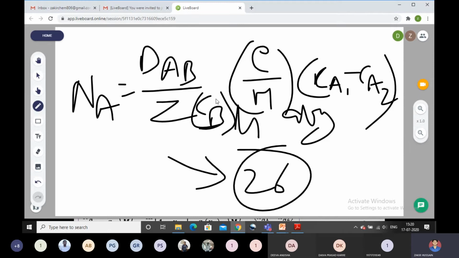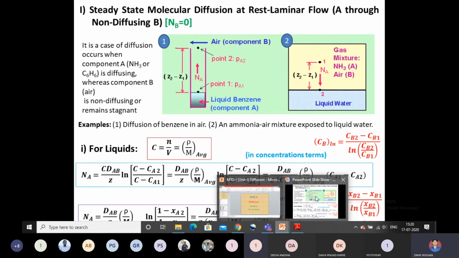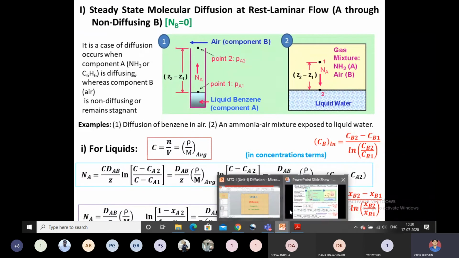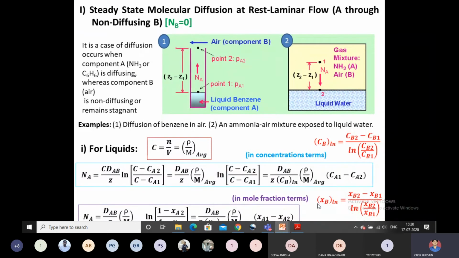Equation 25 and equation 26 are applicable for liquids when the concentration terms are given in CA terms. When it is given in mole fraction terms, how can we do that? Now we have to see that in mole fraction terms. Otherwise you can use this equation.